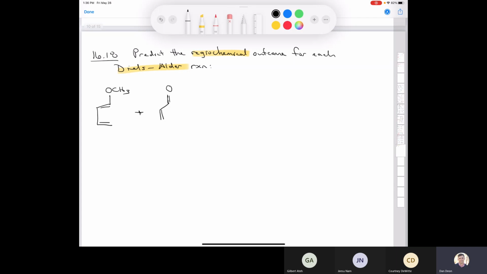So here's my aldehyde, and I know that I could have a resonance contributor here like this, which is going to give me something that looks like this. This is called an enolate. Anyhow, there we go. And then I'd have a positive charge here, so that tells me there's a partial positive charge here.